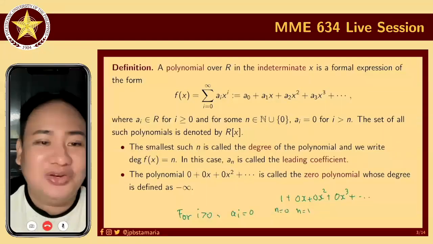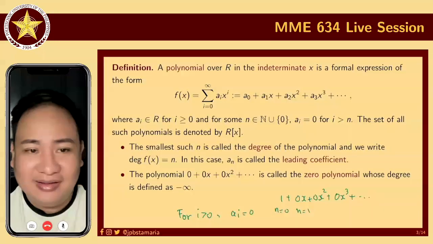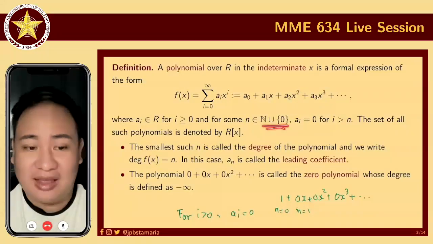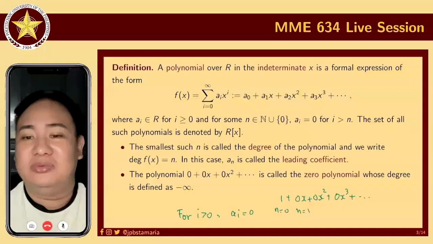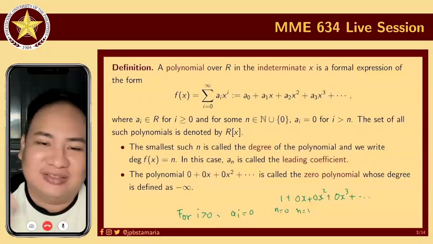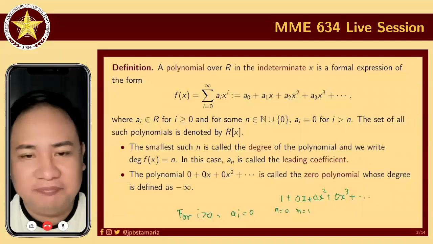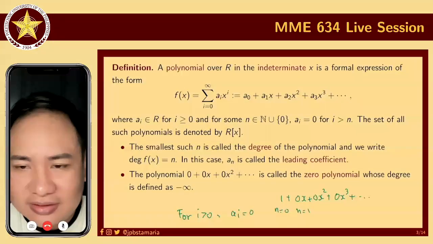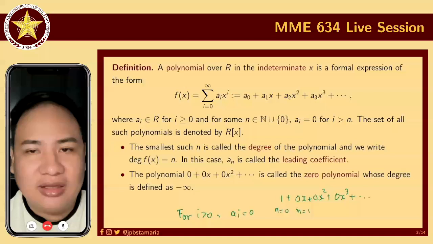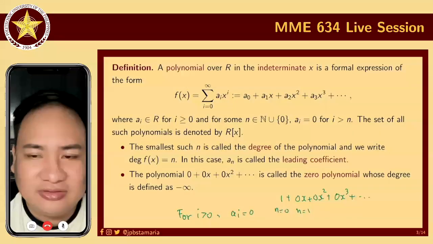Pero yung zero polynomial, problema. Kasi ang magiging n mo na no, negative 1. Eh yung negative 1, hindi naman siya part nitong set na ito. So, magkakaproblema ka sa definition. To sometimes get away with the complications, we just say that we do not define the degree, or the zero polynomial has no degree. Ang ginagawa natin, sa abstract algebra, ang ating paraan is to just define it to be negative infinity.